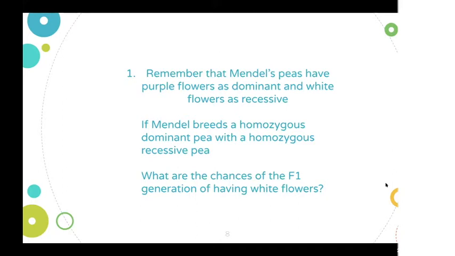And since, as I said earlier, when a dominant allele pairs up with a recessive allele, the dominant one will always show, that is the case for all four of them. So having a white flower in the F1 generation is impossible. And that's why it's 0%. So can we go to the next slide?